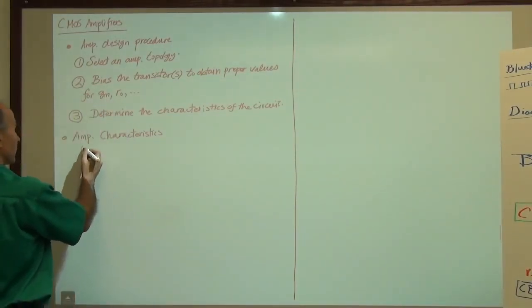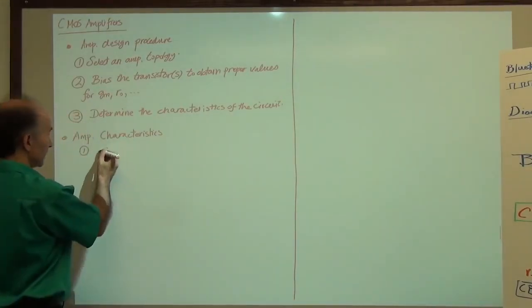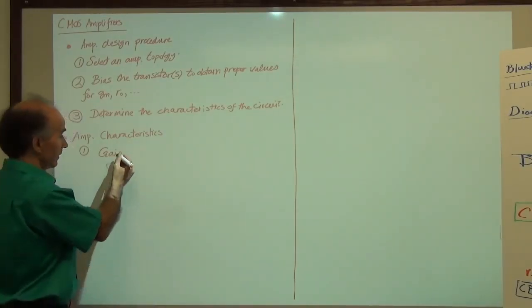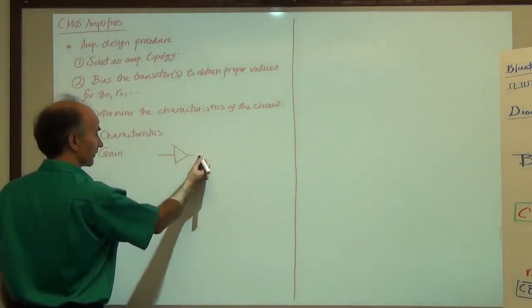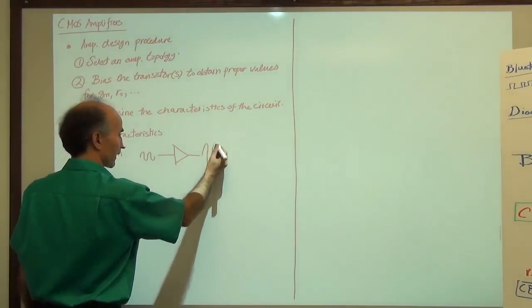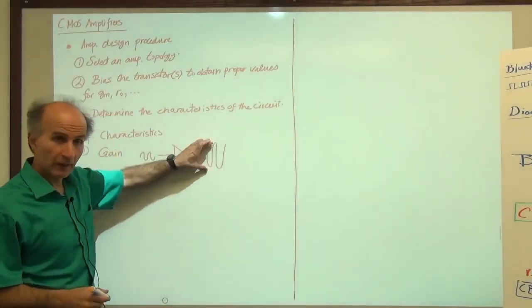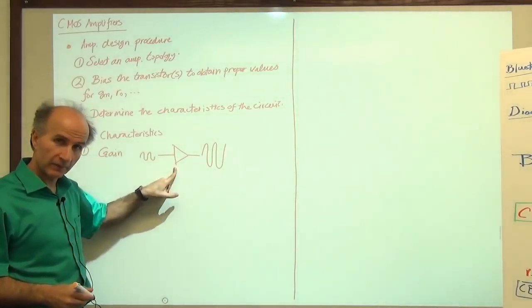So, number one, what we call gain. Gain shows how much amplification we have. So, for example, you have an amplifier here. You give it a little sinusoid like this, and then you get a big sinusoid like that, right? So this swing divided by this swing is called the gain of this amplifier.